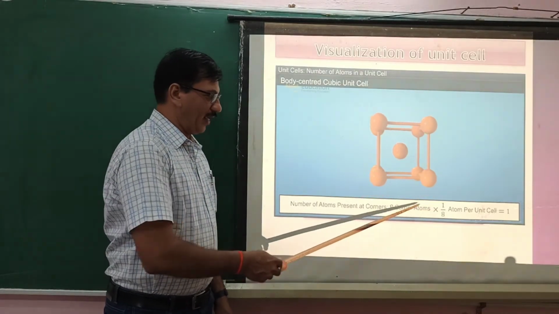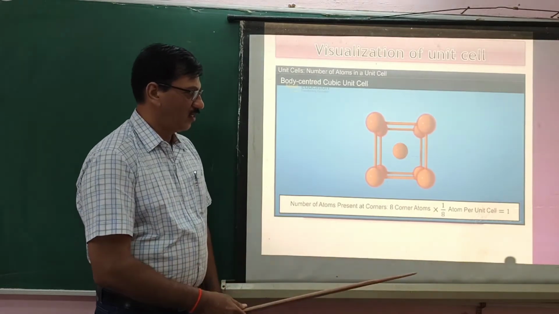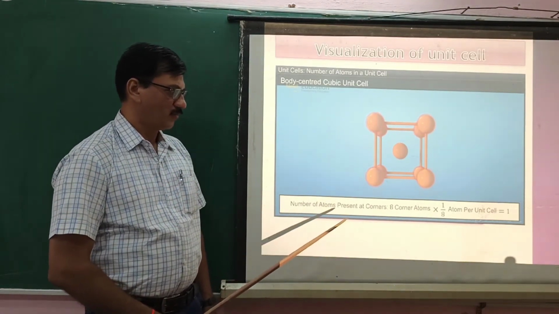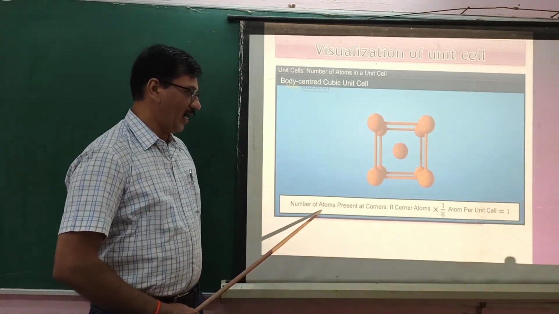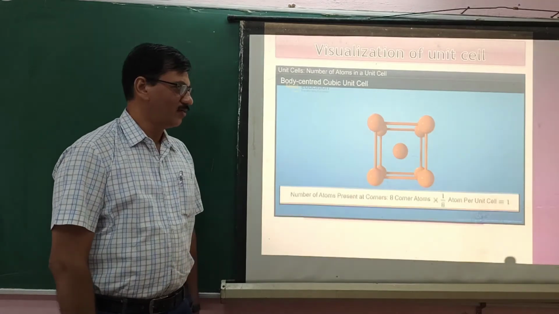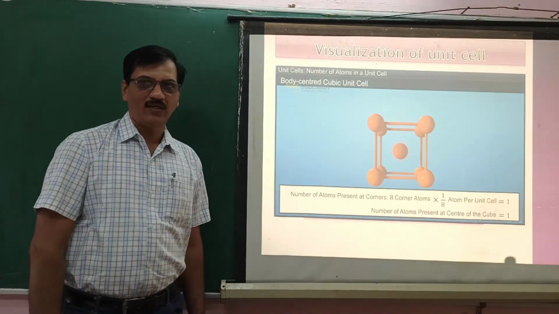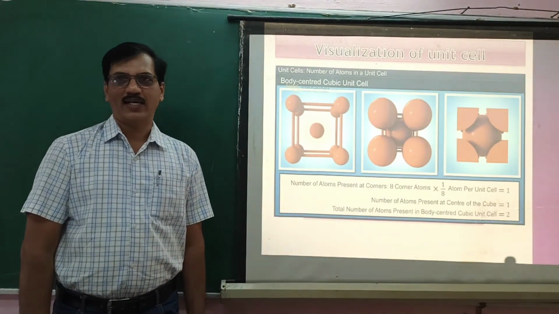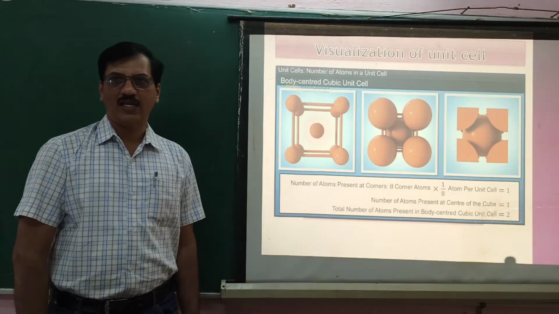Again, 8 corner atoms with 1/8 each, that is 1, and 1 at the center. The number of atoms at the corner is 1, and the number of atoms at the center of the cube is 1. Therefore, totally there are 2 atoms in this particular unit cell.